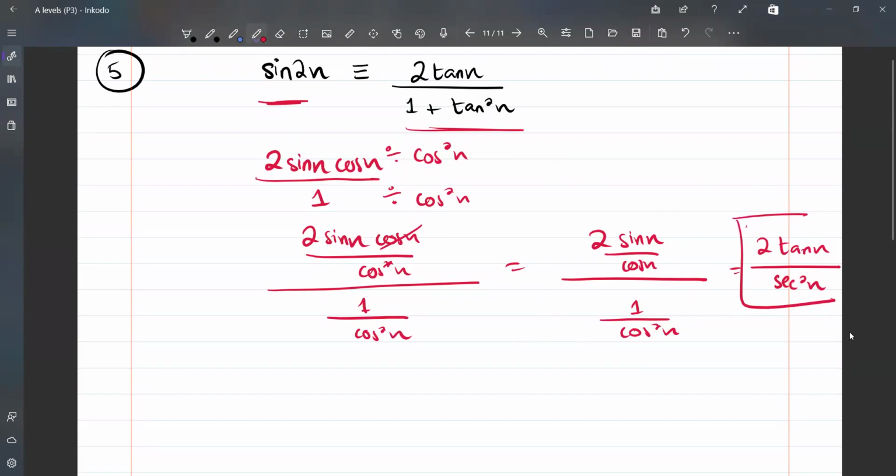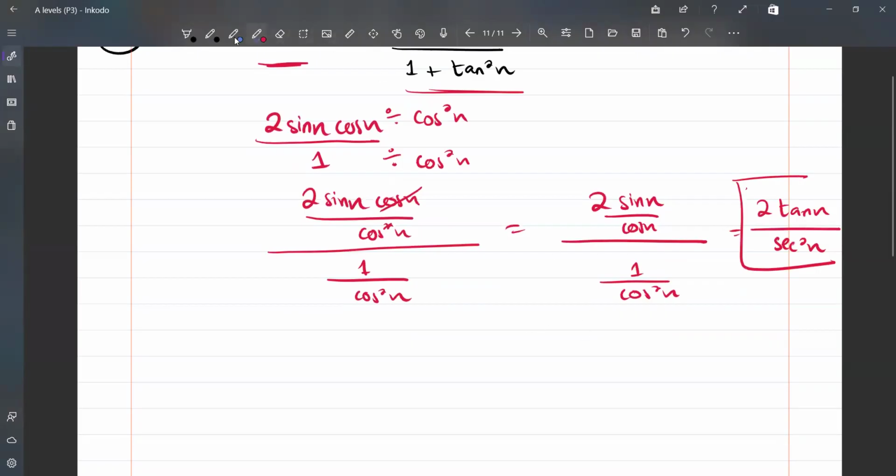We have learned an identity that sec square x minus tan square x is equal to 1. So sec square x is tan square x plus 1. So we can write sec square x as tan square x plus 1 or 1 plus tan square x. All right. So we're just going to write it that way.